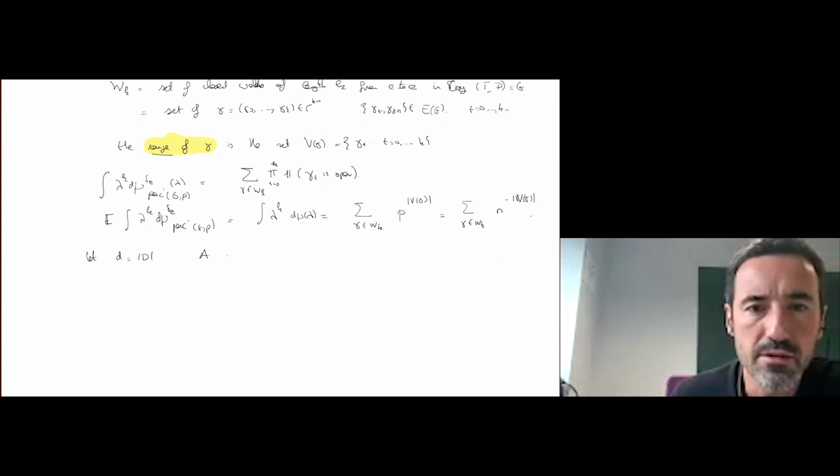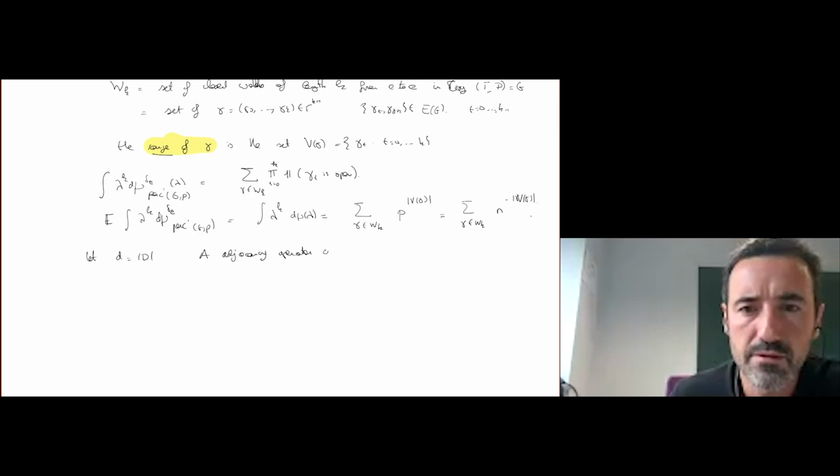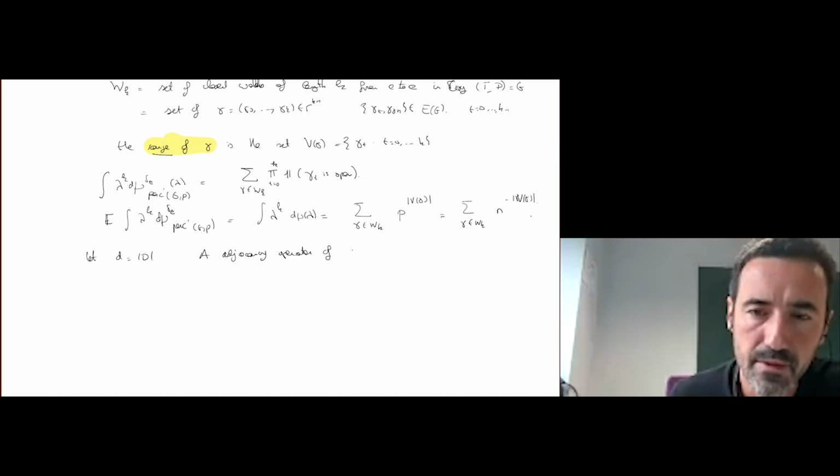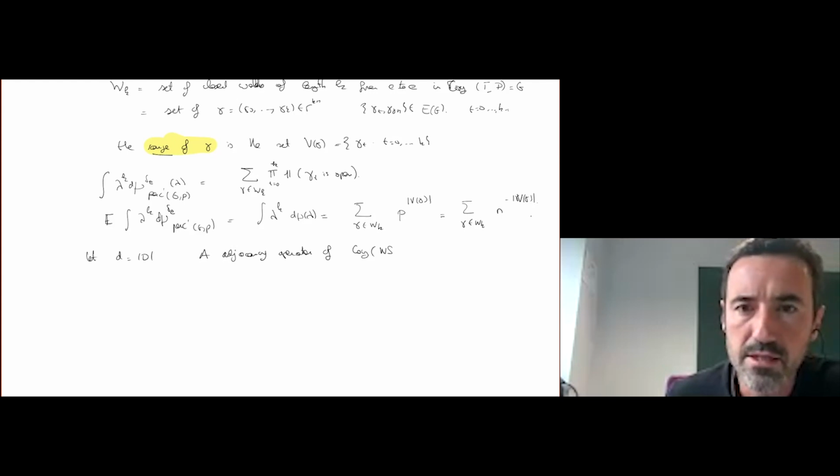So A is the adjacency operator of my Cayley graph, the Cayley graph which I'm interested in.